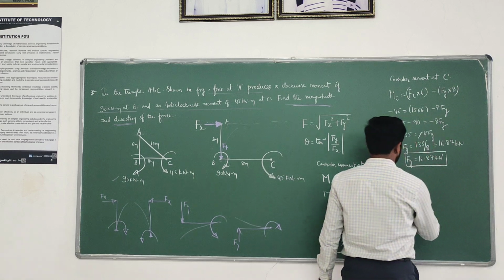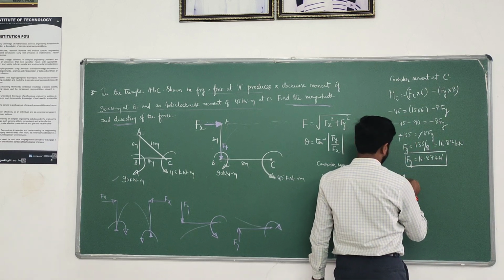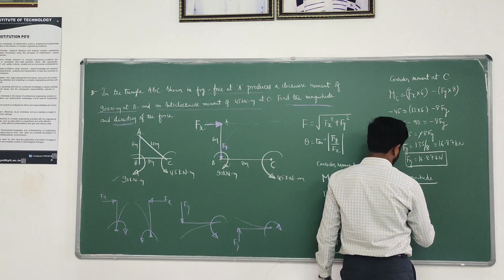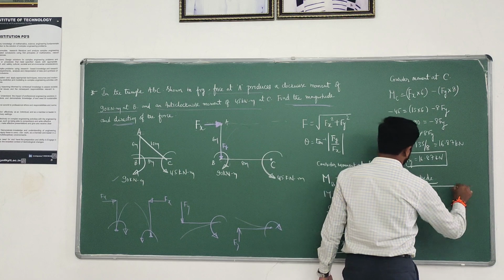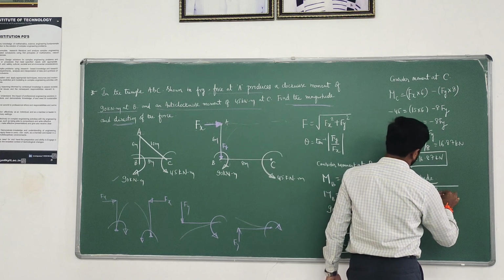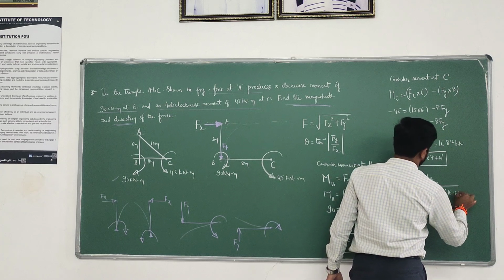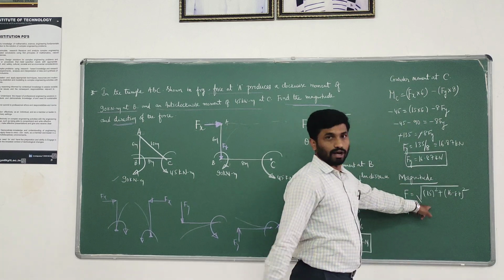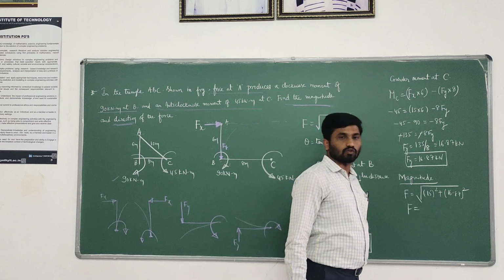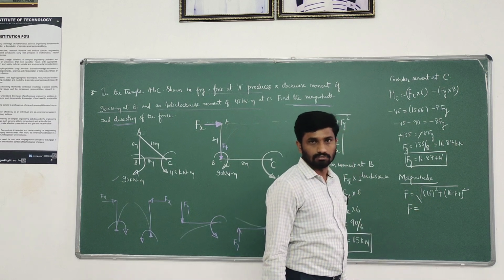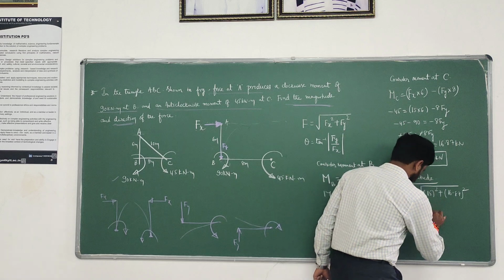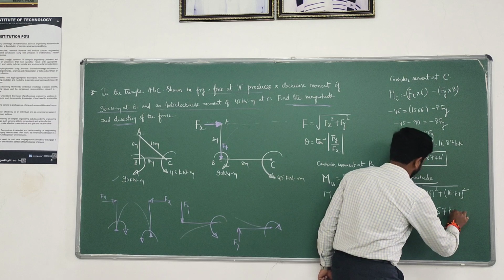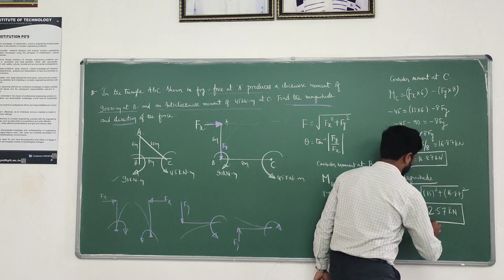For the computation of F, that is magnitude, F equals square root of Fx square, 15 square, plus 16.87 Fy square. What is the value of F? 15 square plus 16.87 square, root of answer 22.57 kilonewton. This is one answer.